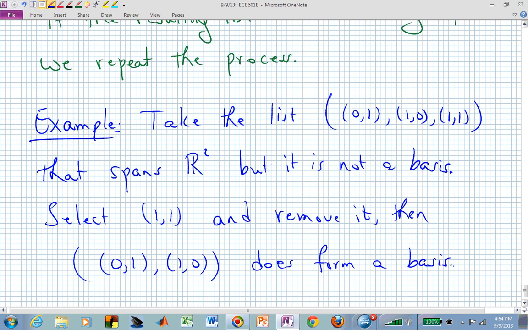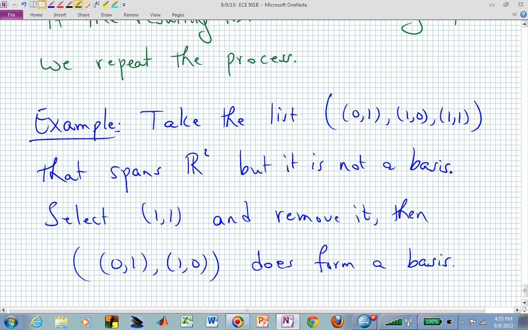That's linearly independent, and it spans all of R2. Now we have a basis from starting with something that wasn't a basis. It was a spanning list, and that was too many vectors. That length was too long. Questions on that?